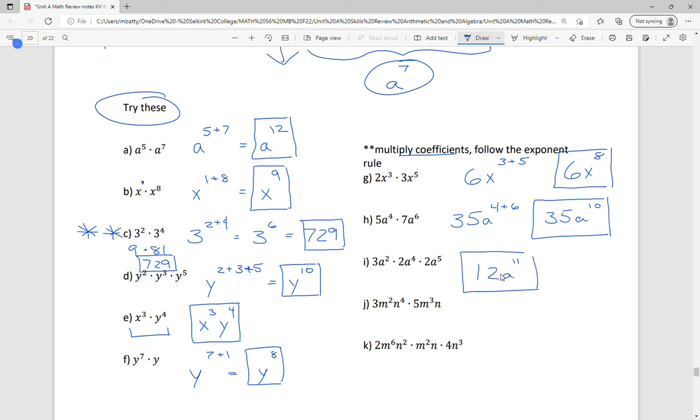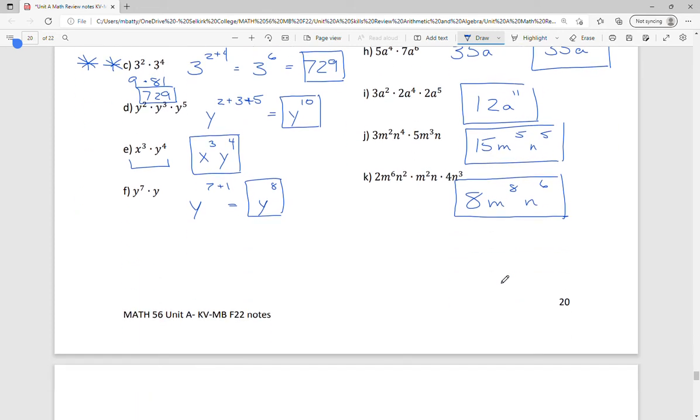Hopefully I didn't make a mistake. Last one has a lot going on. Oh my goodness. And that would be multiplying terms in algebra.